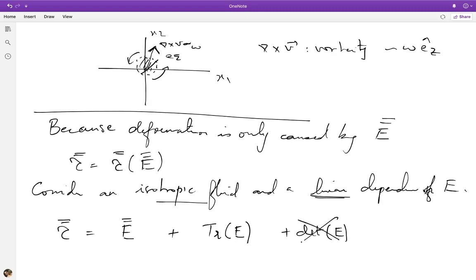But these terms will be neglected because these are nonlinear. Similarly, terms like E squared would also be eliminated because these are also nonlinear.